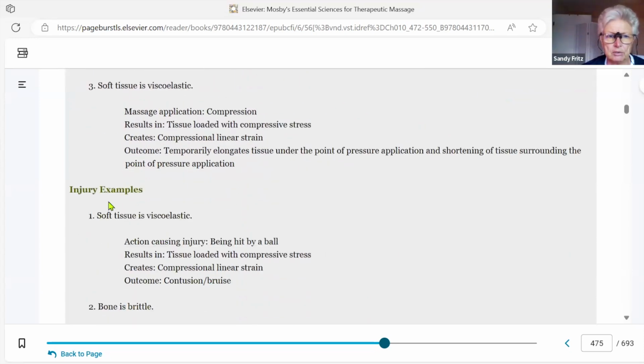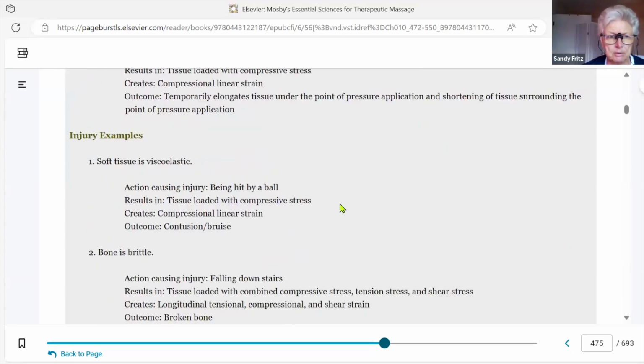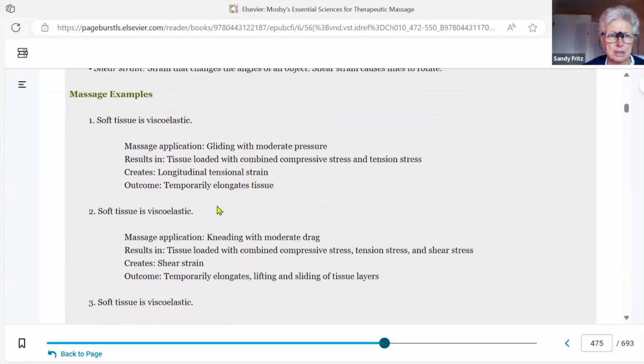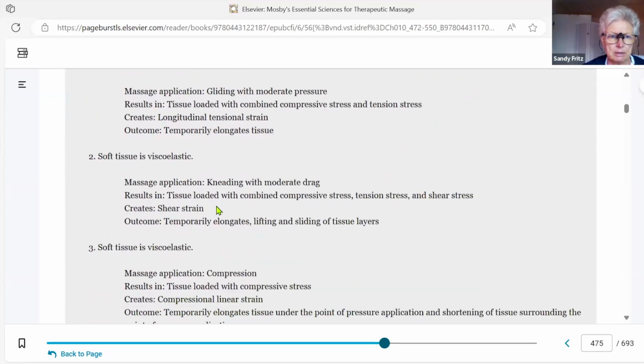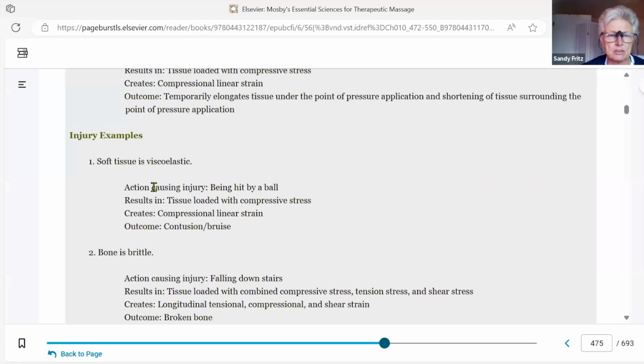And so here's some injury examples. Soft tissue is viscoelastic. All right. Action causing injury, being hit by a ball, results in tissue loaded with compressive stress, creates compressional linear strain, and the outcome is contusion or a bruise.